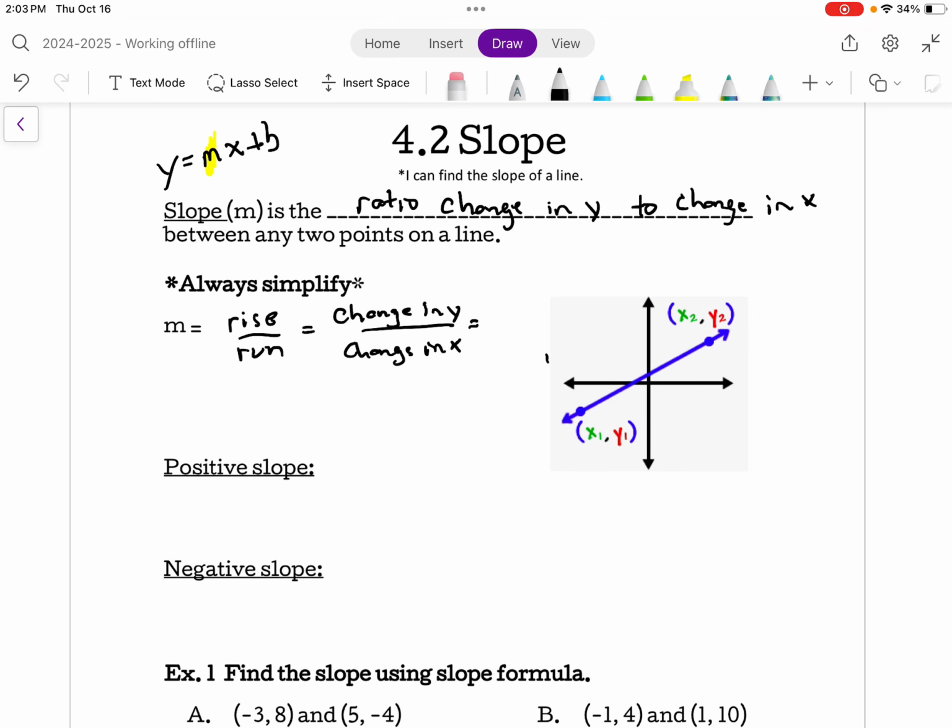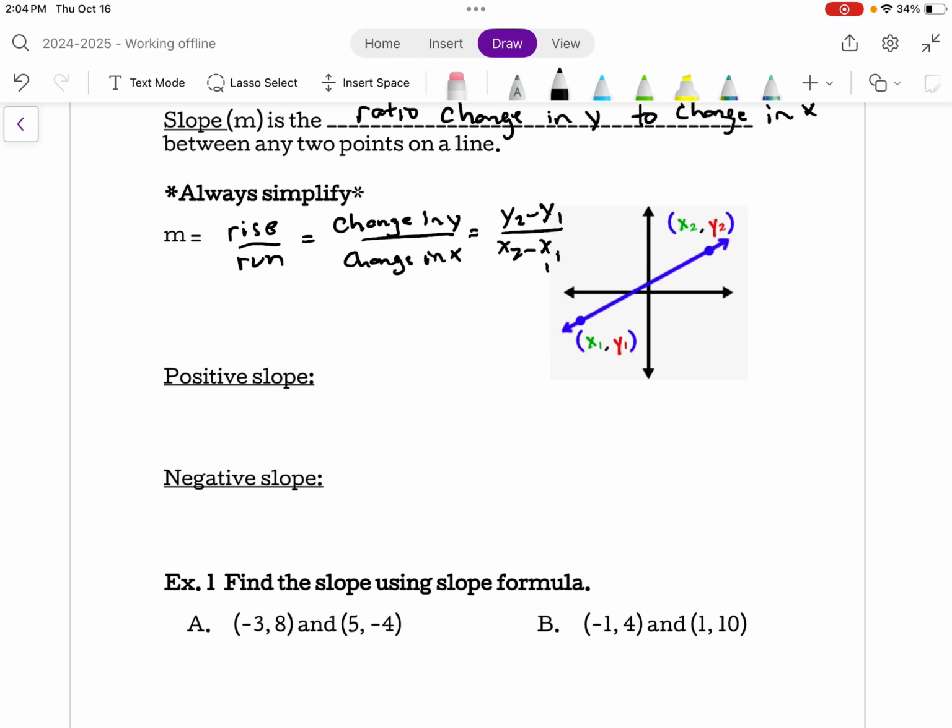And then the third way we can look at this is actually the slope formula, which would be y2 minus y1 over x2 minus x1. The slope formula, I don't want you to think that it's y squared. So y2, because it's subscript, because it's down near the bottom, is just saying it's a different y than y1 is. Same thing with x2 and x1.